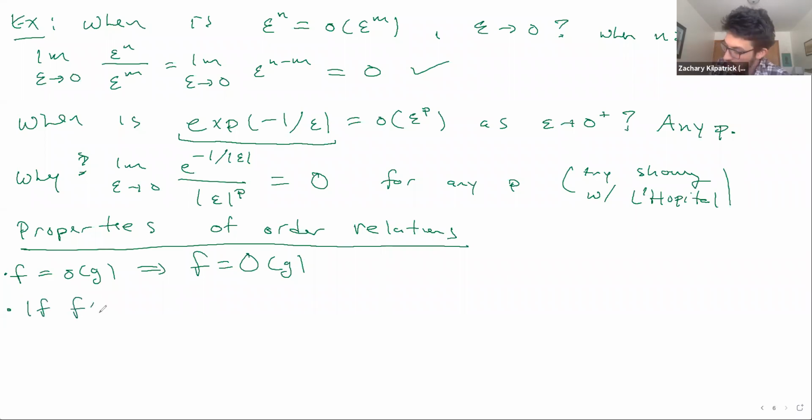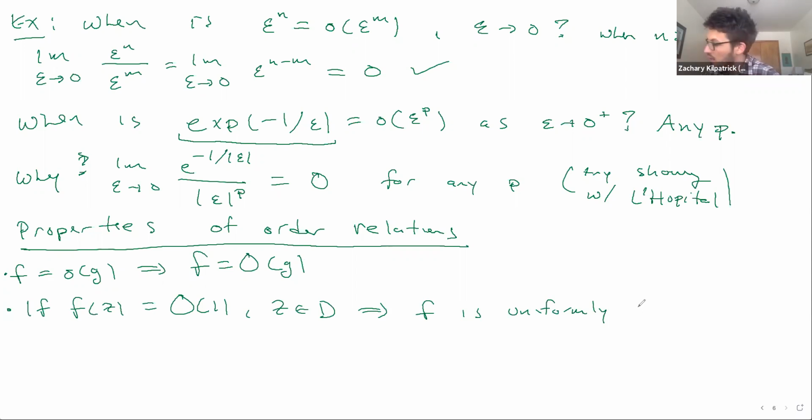If f of z is big O of 1 for z living in D, this implies that f is uniformly bounded in D. There's nowhere in D that f is going to diverge. I can always bound it from above by some finite constant.